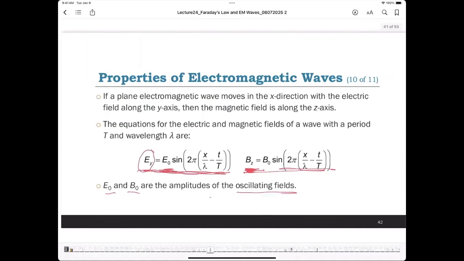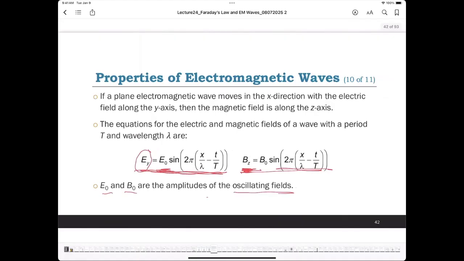Then we talked about a plane electromagnetic wave moving in the x direction with the electric field along the y-axis and the magnetic field along the z axis, and how to calculate the electric field and the magnetic field.